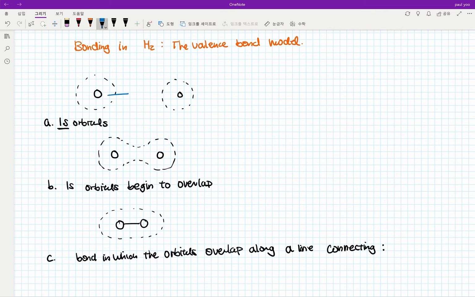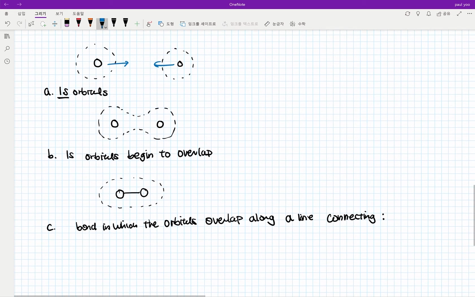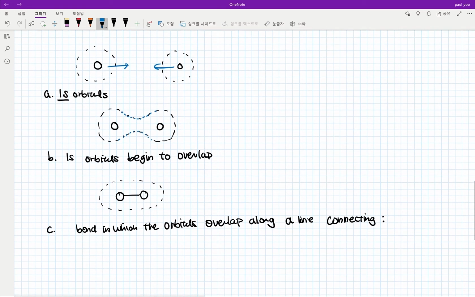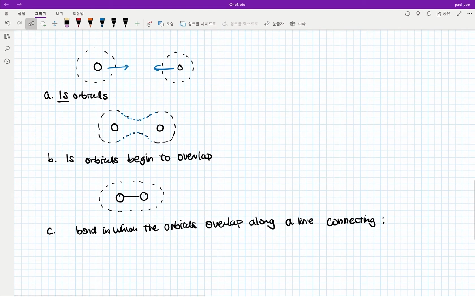As the hydrogen nuclei approach each other, the electron shells start to interact and begin to overlap. In the third picture, C, the orbitals overlap along a line connecting the nuclei.